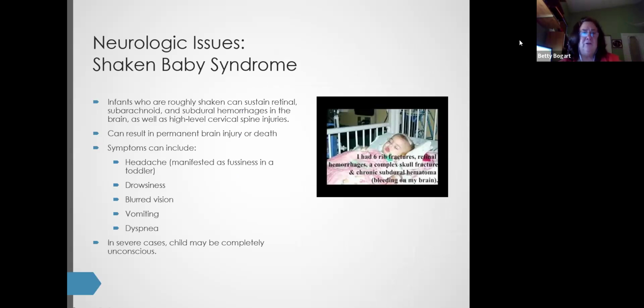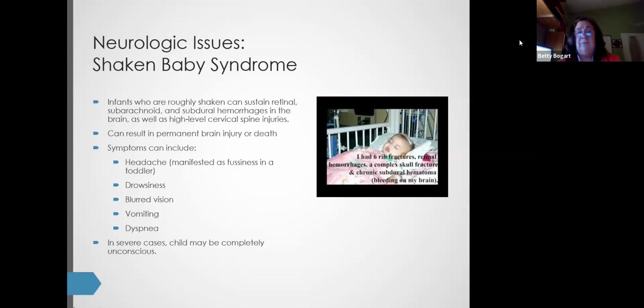Now, shaken baby syndrome. Infants are picked up and shaken really hard, so their head is being really shuffled. What we'll see is retinal bleeding damage, subarachnoid and subdural hemorrhages, and you're going to see that cervical spine get curved.